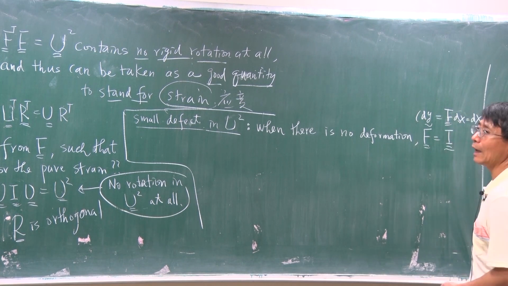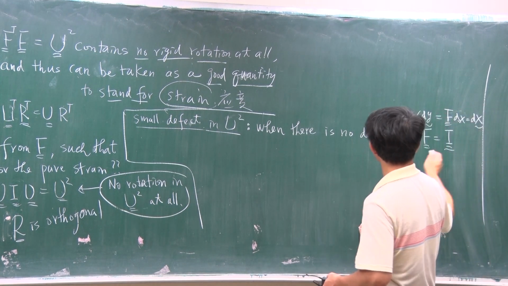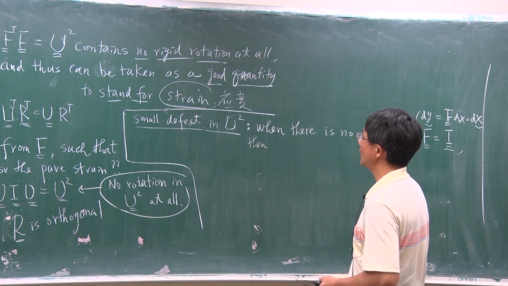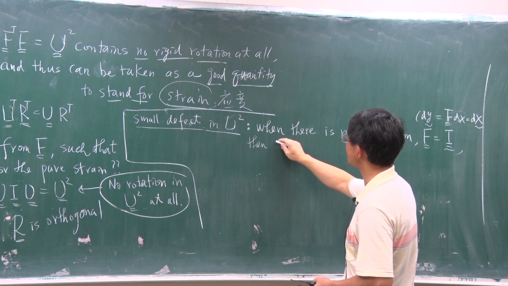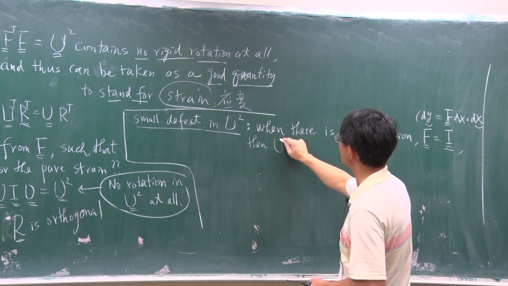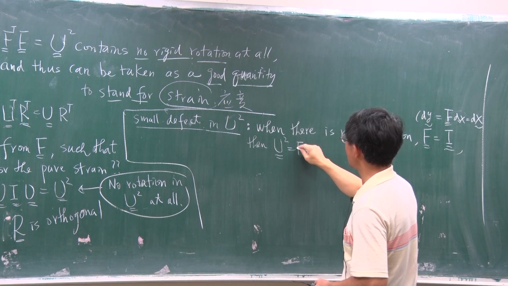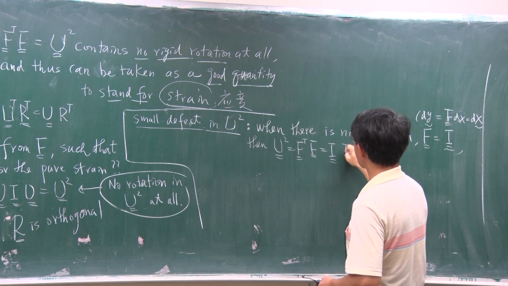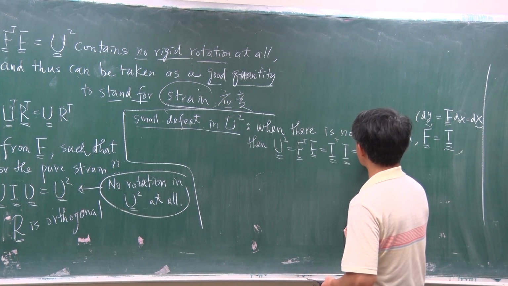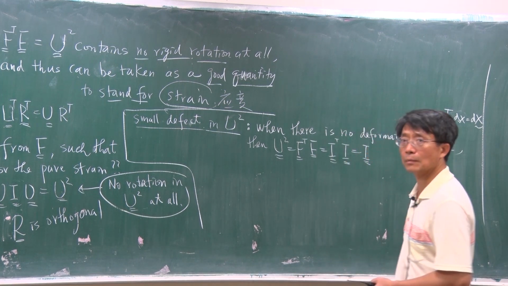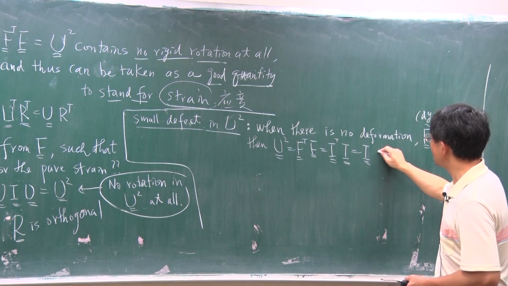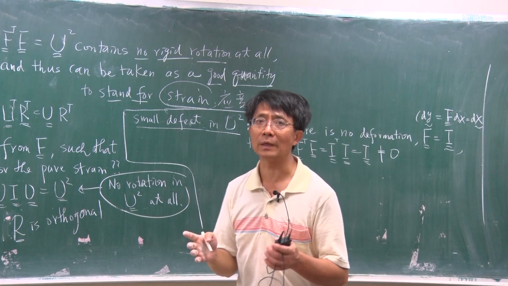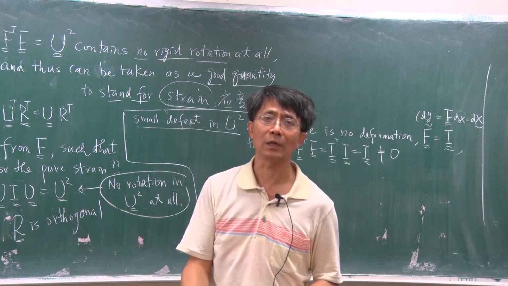By this time, F equals I, and then U squared equals F transpose F equals I times I equals I. It is good, but not very good, because now it is not equal to 0, and we expect that a strain will be 0 when there is no deformation.